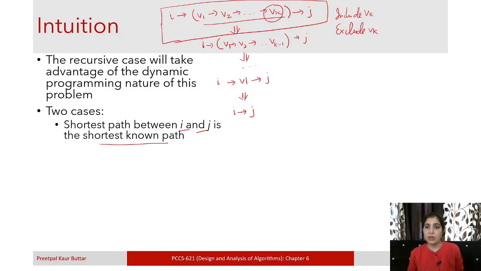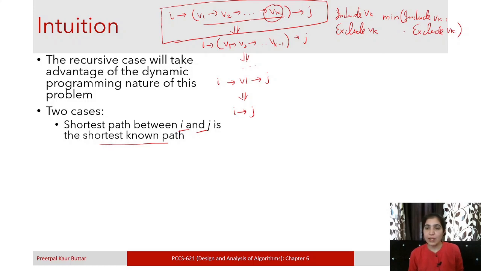Okay, so it depends on, here we are trying to minimize, we are trying to find the shortest path. Okay, so we will pick the minimum of include Vk or exclude Vk. Okay, so whatever is minimum.